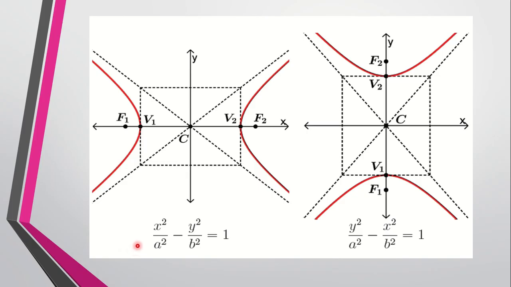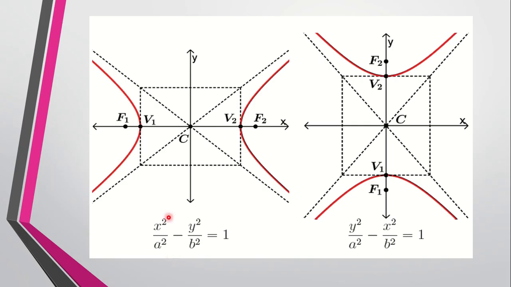So, if the squared variable x is positive, ito yung hyperbola natin. It opens to the right and to the left. Pag ang squared variable y ay positive, hyperbola ay opens upward and downward. So, tingnan natin kung sino yung positive, nandun si a squared.